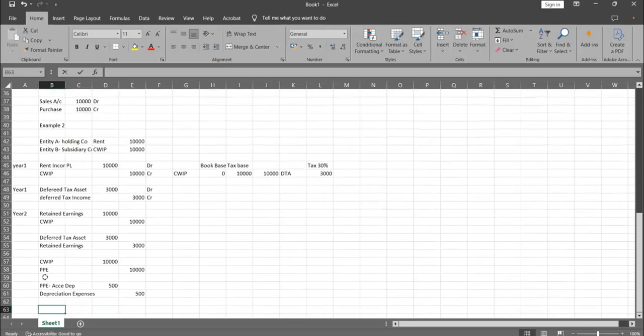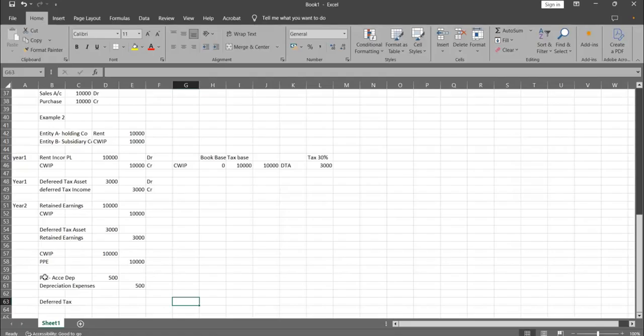Now again there will be an entry for deferred tax. What will the entry be over here? We will have to compute PP book base and tax base. So tax base will be this minus this, and book base in our case is 0. Again the same thing, this minus this, and DTA will be on this into 30%.